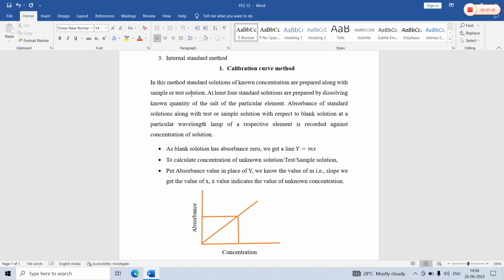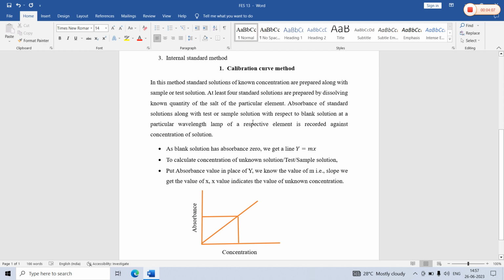A test solution is a solution whose concentration is exactly not known, or unknown. That is a test solution or sample solution. At least 4 standard solutions are prepared by dissolving a known quantity of the salt of a particular element.